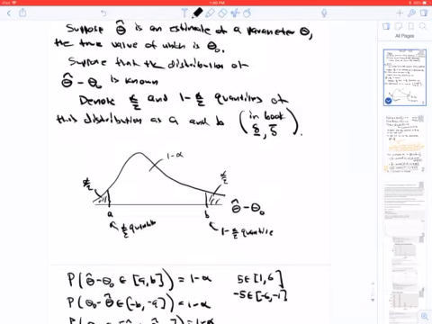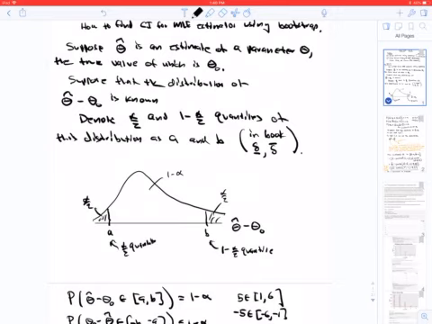The setup is that we have theta hat as an estimator of theta, and we're going to pretend right now that we know the true value theta naught of theta.